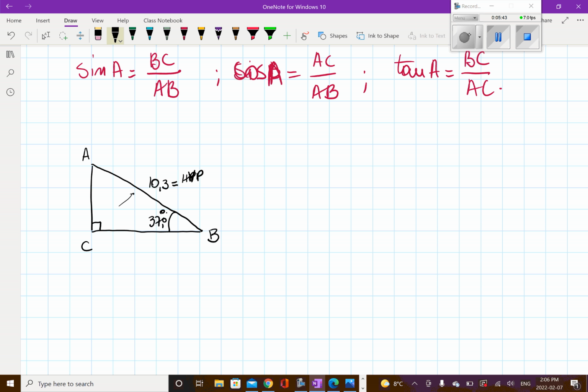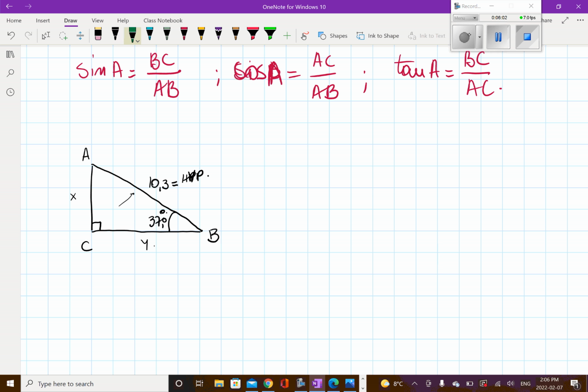So now we will find this length here, X, and then we'll move to the other length BC. Let's say this is length Y. Let's start with X first.